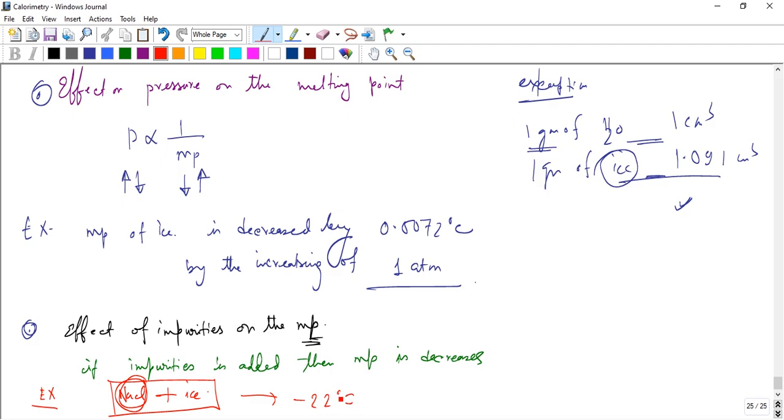From 0 to minus 22 degrees centigrade, it drastically decreases, if I add the proper ratio of salt and ice. That is a very important thing, and it is used for preparing cool foods.